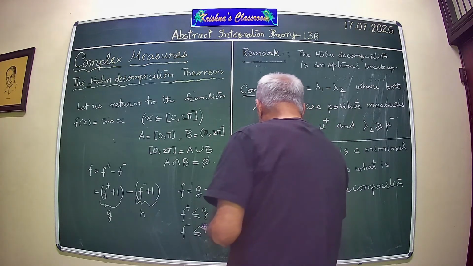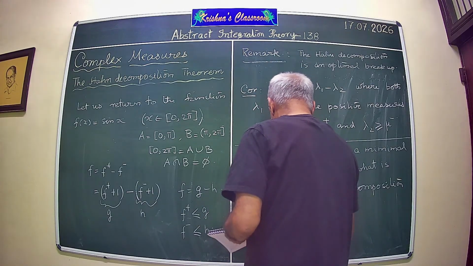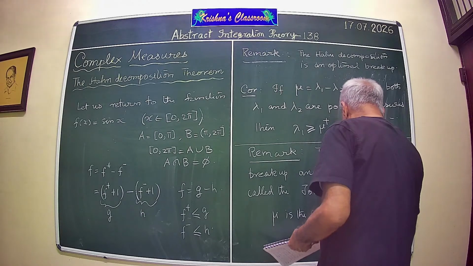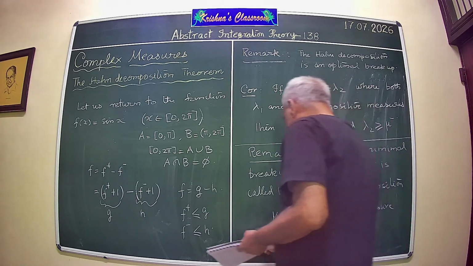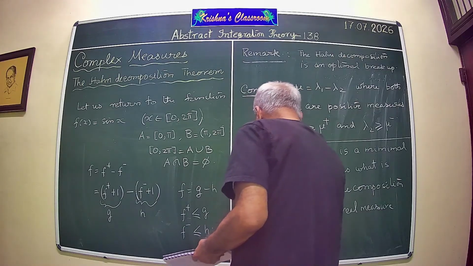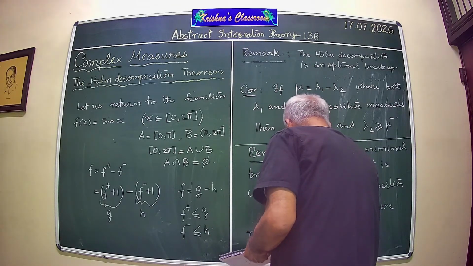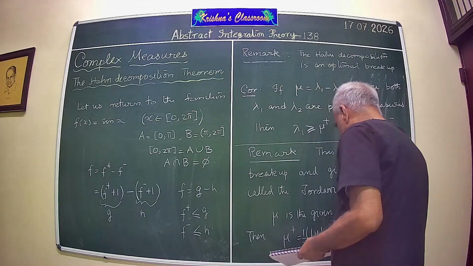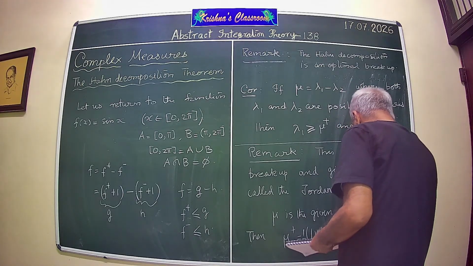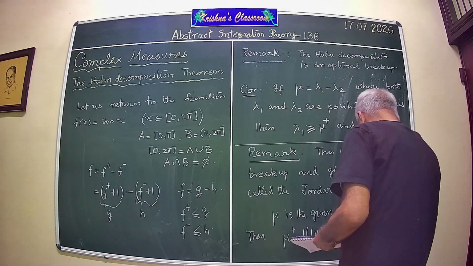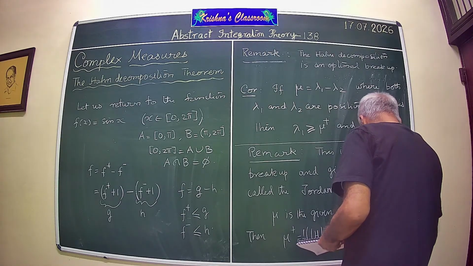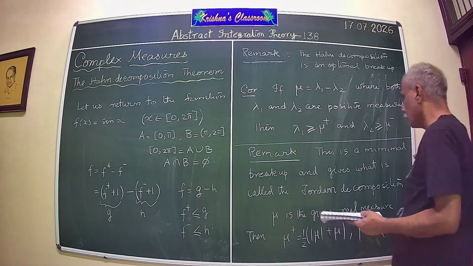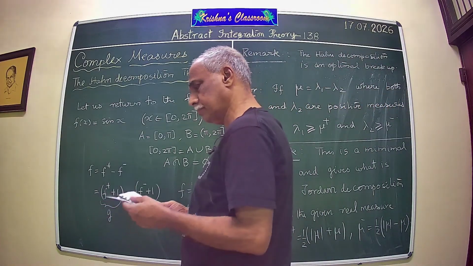So mu plus and mu minus, the total measure of mu. This is the optimal breakup that you have.